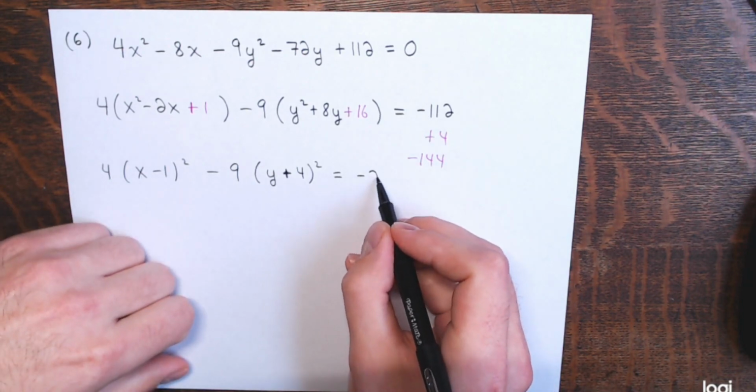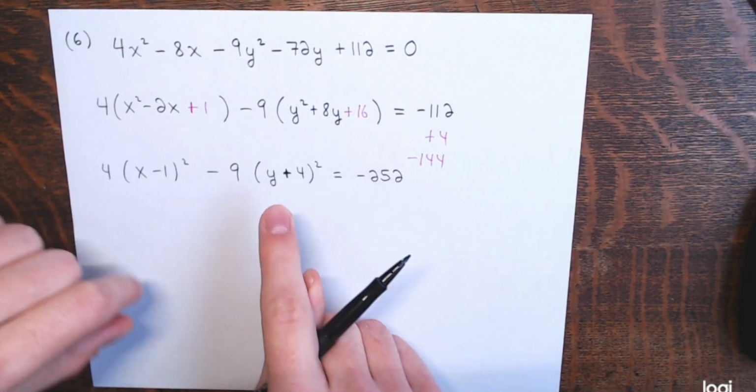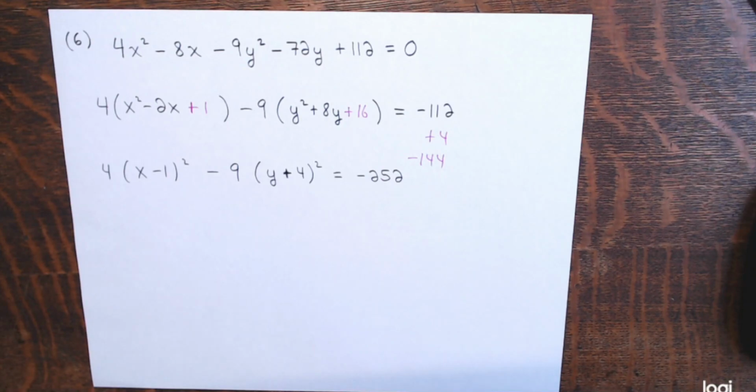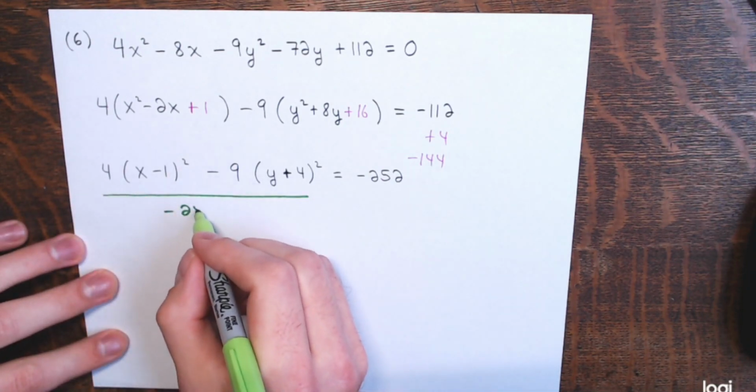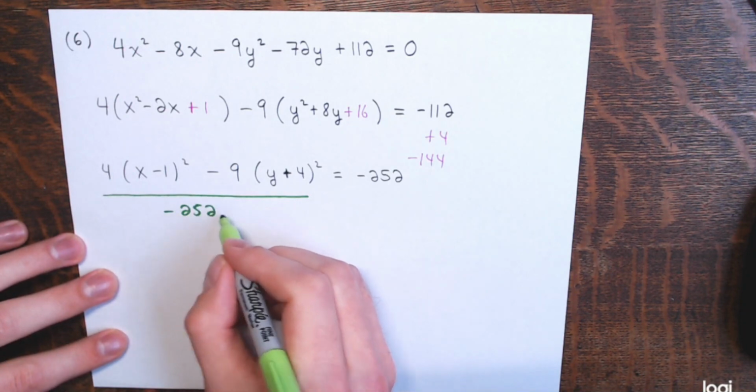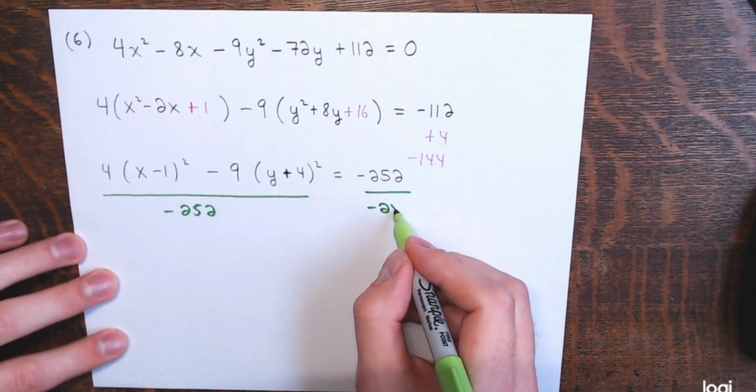Negative 252. Alright, so that's actually going to switch these up. You see, when I divide both sides by negative 252, we'll get it in standard form.